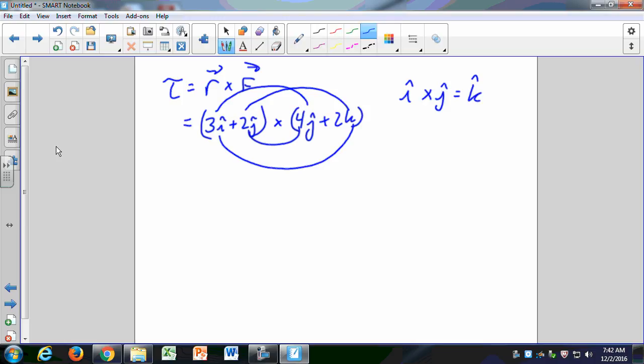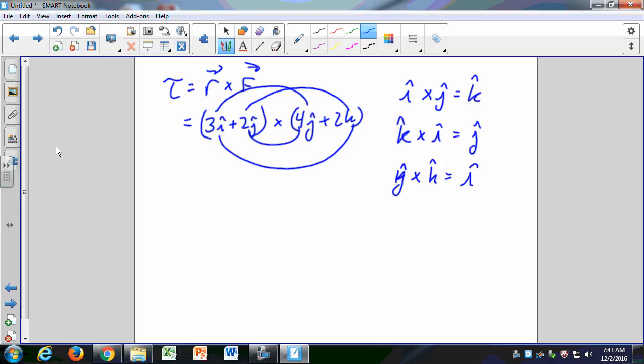I cross J is equal to K. K cross I is equal to J. And then I have J and K. J cross K is equal to I. So notice these are all in I, J, K order.